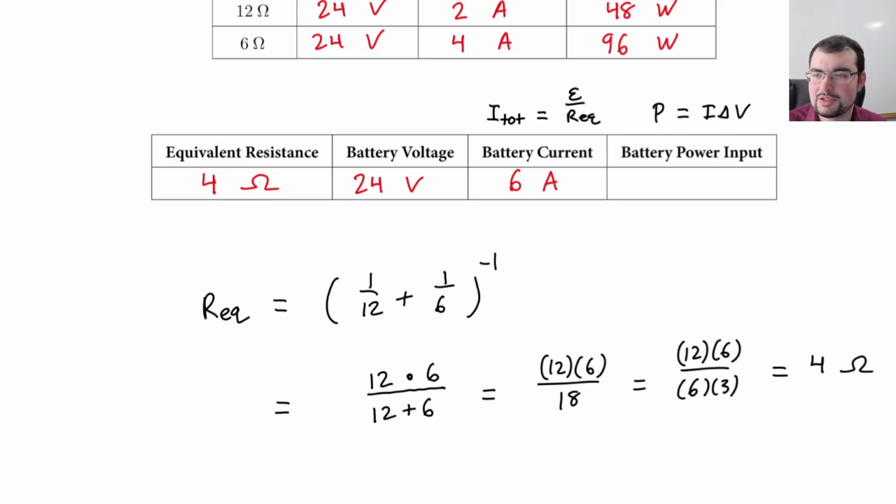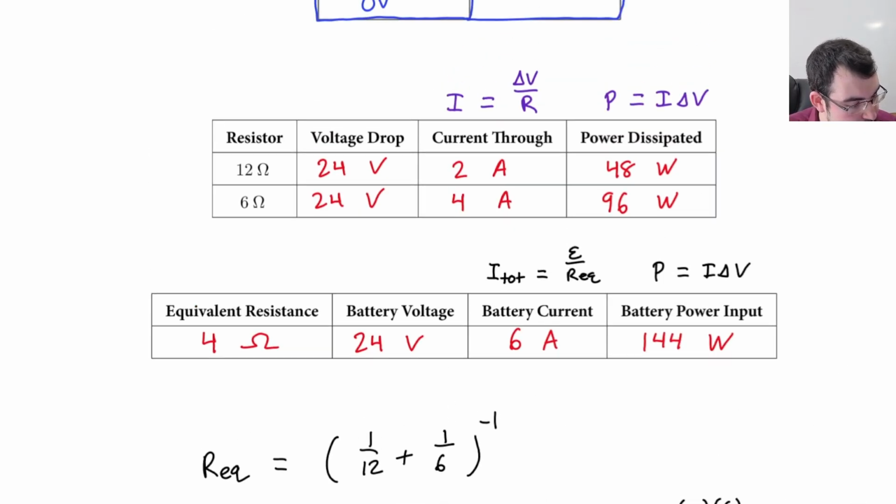Let's see. 6 times 24. 120 plus 24. 144. Let's check. Is that equal to these two added? I sure hope it is. 48 plus 96 is equal to 144. Nice. So this does work out.